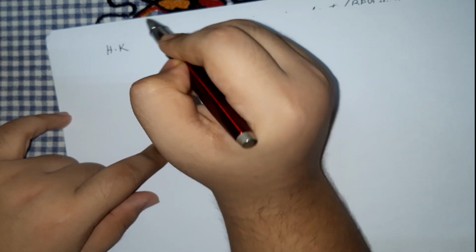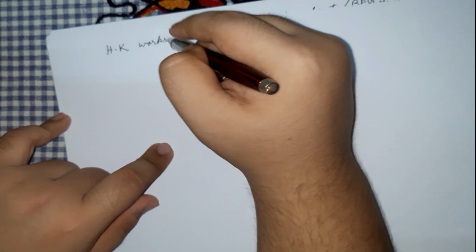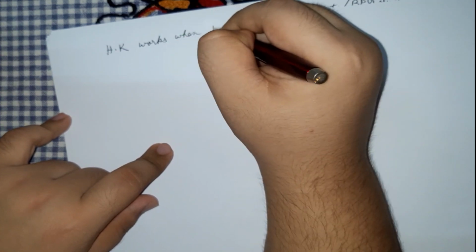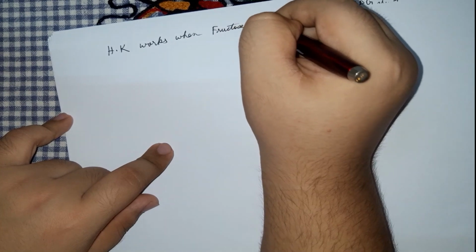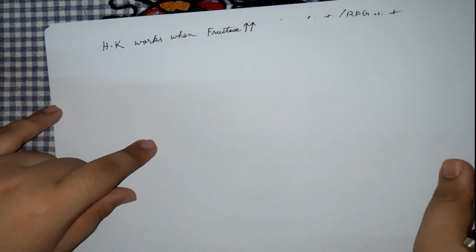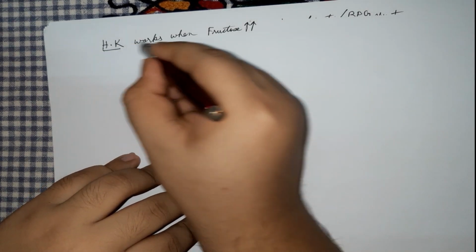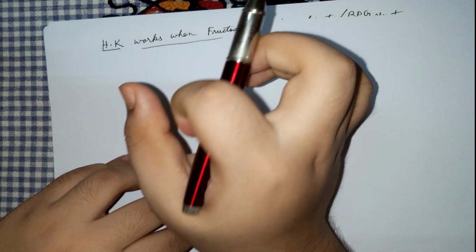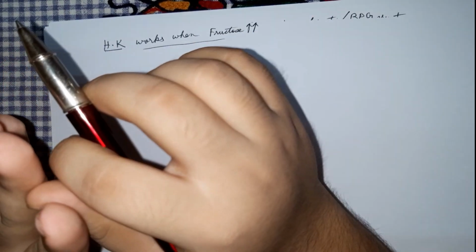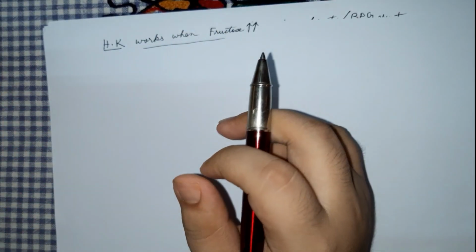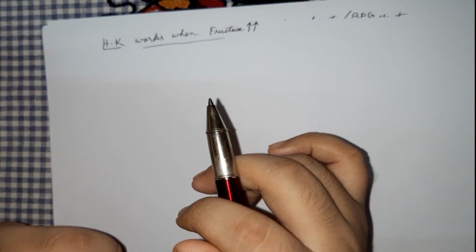Hexokinase mostly works in fructose metabolism when fructose level is quite high. So when fructose level is quite high in blood, that is when hexokinase will work. Otherwise it will be the work of fructokinase to phosphorylate fructose. Okay, that's important information.